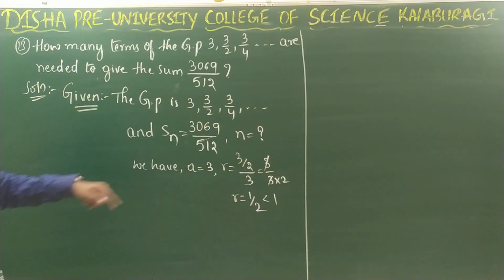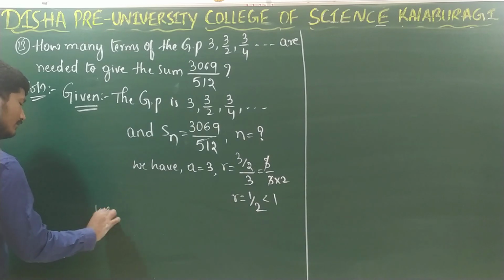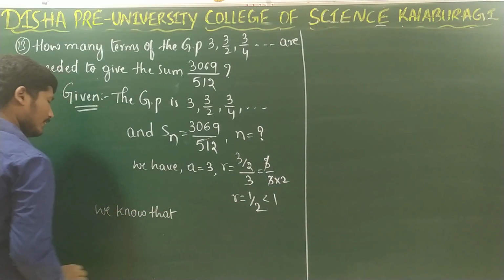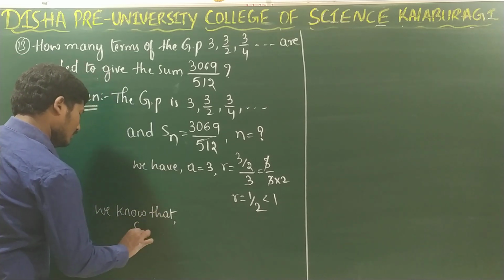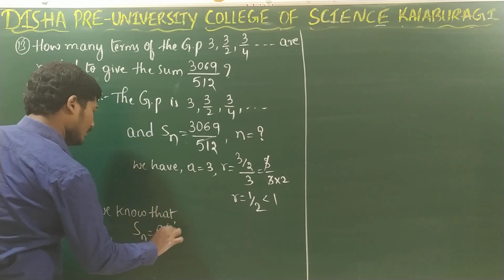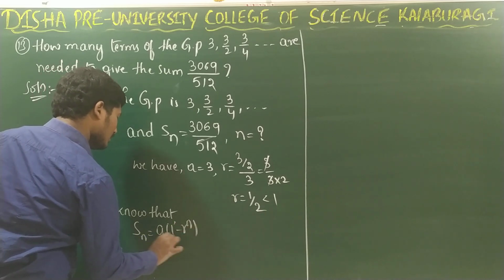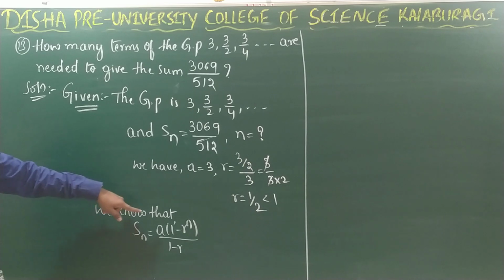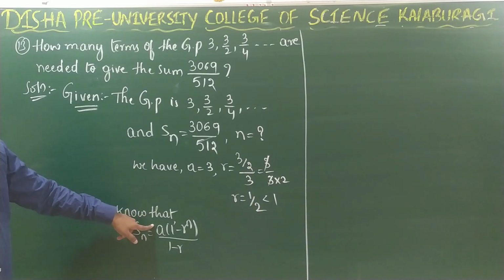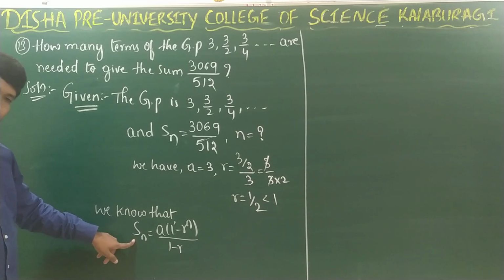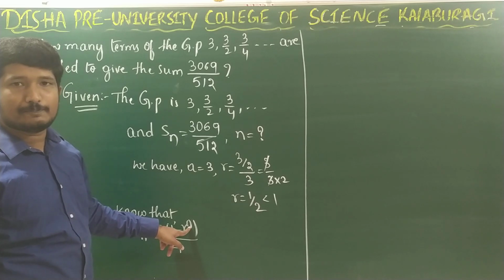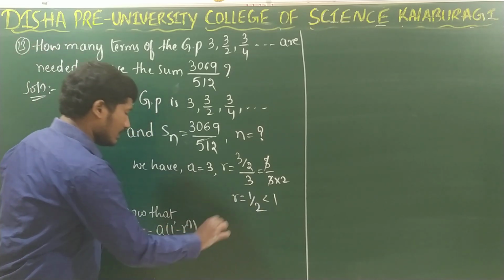So when R is less than 1, we know that Sn is equal to A into 1 minus R power n divided by 1 minus R. This is the formula we use. Right? So here we know the value for A, we know the value for Sn, we know the value for R. So can I calculate the value for n here? Right? So let us substitute that.